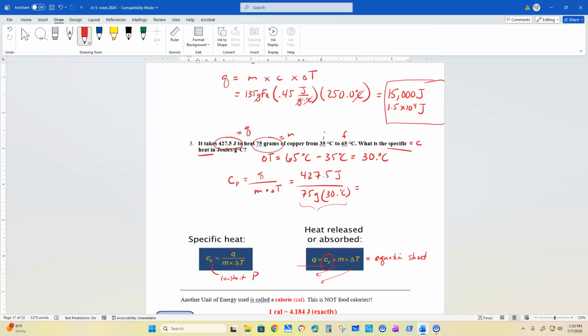And then I get an answer. And then because the 30 is in the denominator, you're dividing again. So the question is, how do you want to plug in your calculator that makes sense to you? So practice right now. If you get the answer 0.19 joules per gram times degrees Celsius, then you did it right.